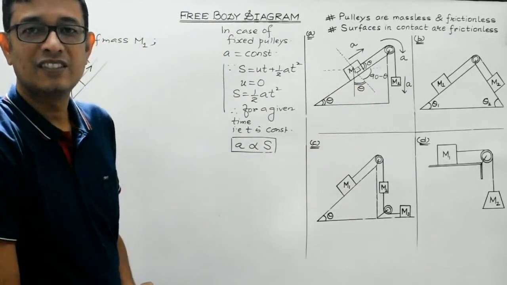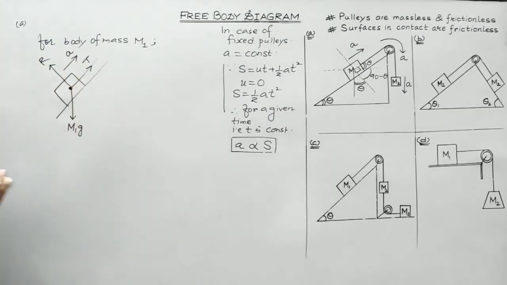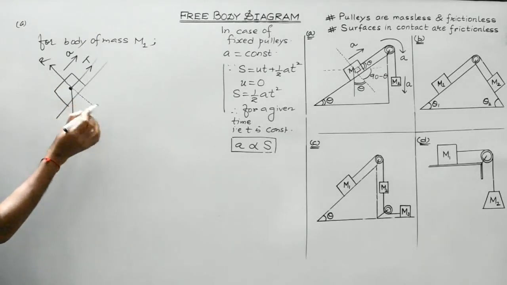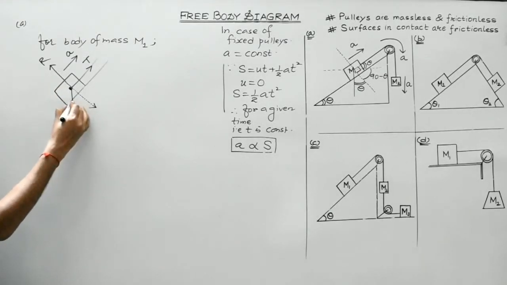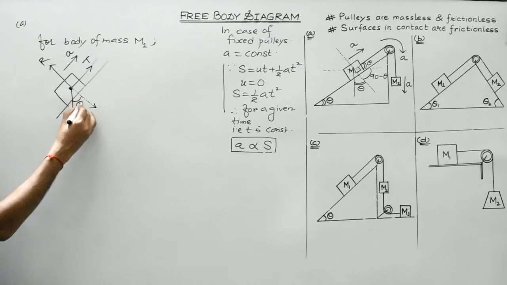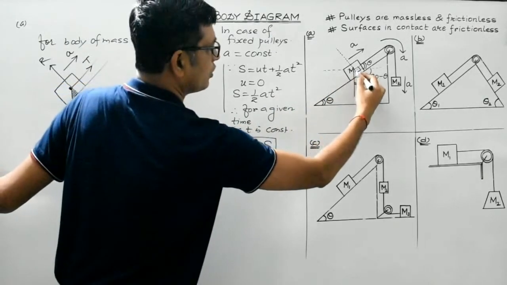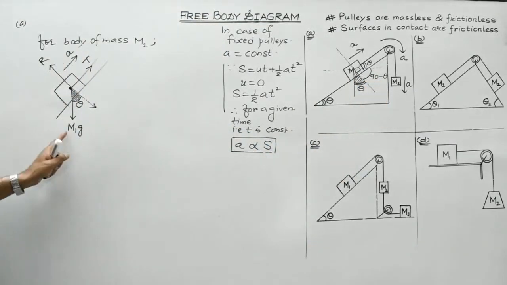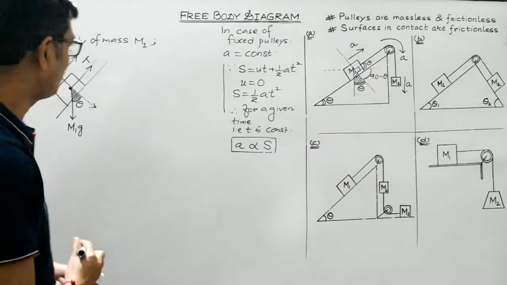Understood, students? So, here, if you resolve this m1g into two components, one in a direction opposite to that of the reaction, this angle would be theta. I am talking about this angle. So, if you resolve m1g into two perpendicular components, what do you get?